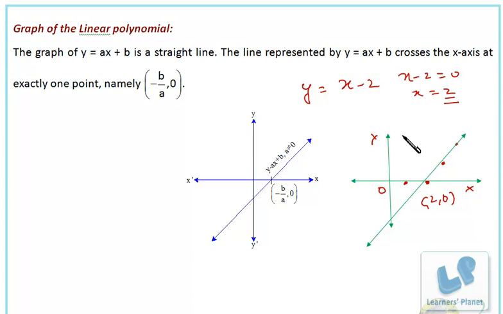No other value of x can make y as 0. This line will intersect the x-axis at only one point, and if it intersects the x-axis, the value of y will be 0, right? So this is how we represent a linear polynomial. A linear polynomial means it represents a line, right? So I hope you are clear.